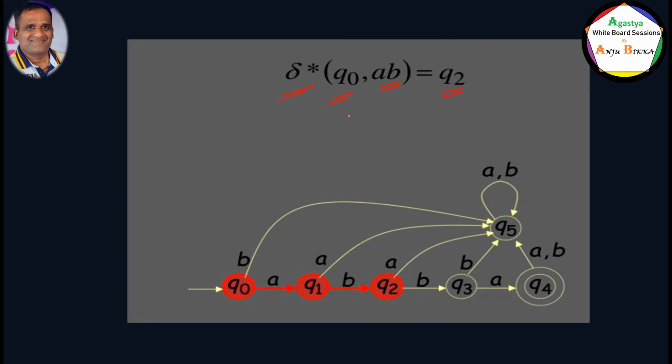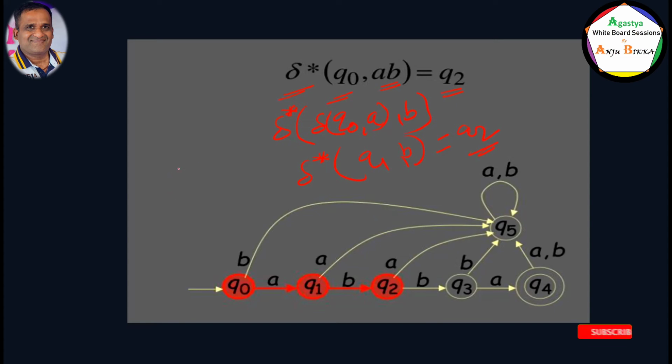What does it mean? On Q naught, first we give a, which is nothing but a delta. The remaining string is b, and you keep delta star as it is. Now it becomes delta star of Q naught on a, which is Q1, and b. Q1 and b goes to Q2. Like that.